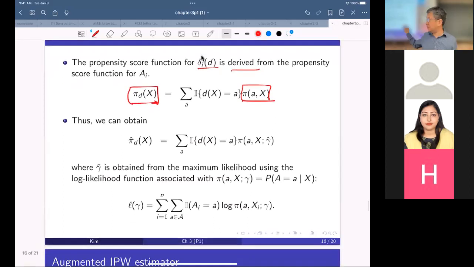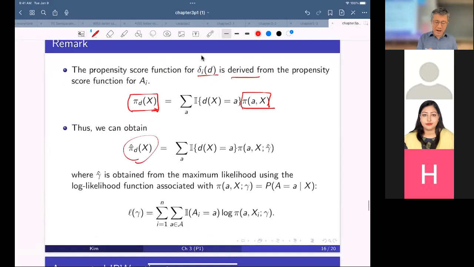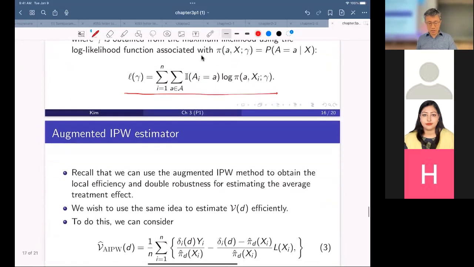But mathematically, this is probably the best way we can do it. So how to estimate pi D? Well, you can use the model for A. We observe A and X from the data, so we can use a multinomial logistic regression model. This is the log likelihood function for the logistic, whatever the event. So it should be doable.